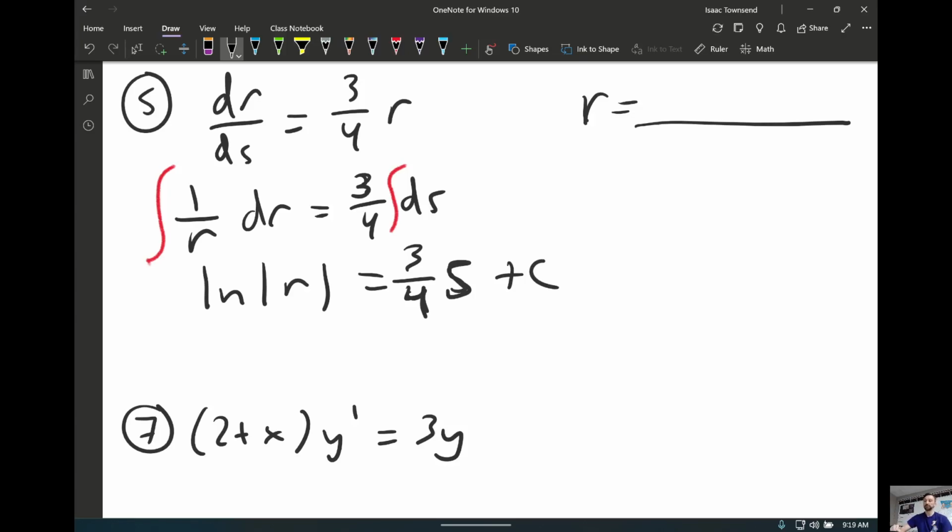And if we're trying to solve for r, the only way to dig this r out of the natural log is with exponentiating. So see if you thought to try that. The whole point of exponentiating, and this is how you're going to know when to do this, is because e to the log base e of some stuff just becomes the stuff.